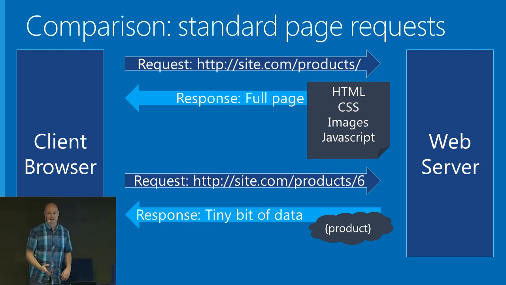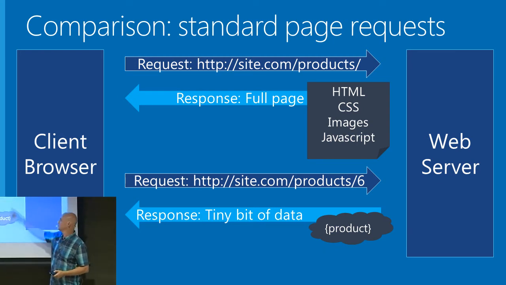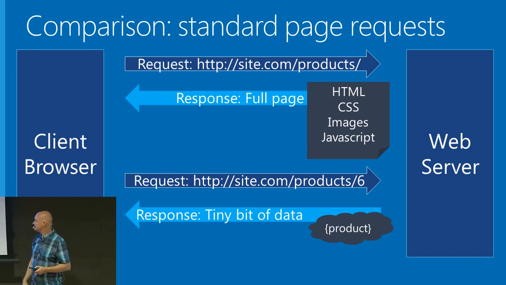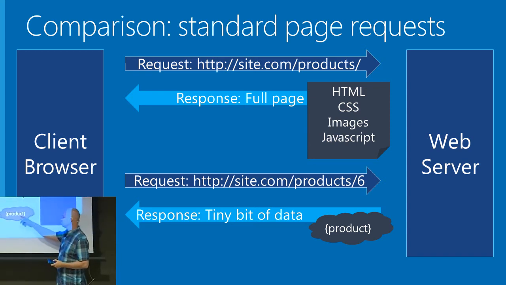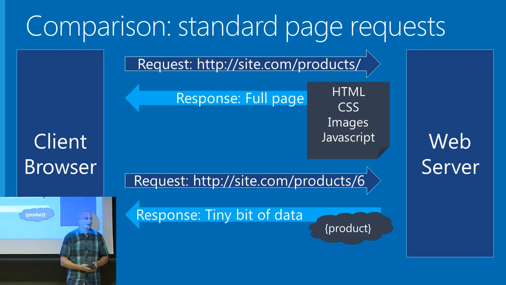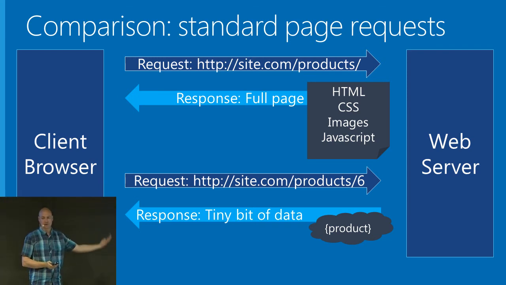The first request to a single-page application still needs to send HTML, CSS, JavaScript, usually more JavaScript for a single-page application. But the second time, I request a new product, and all it sends back is a tiny bit of data. It's just sending me back some JSON data, right? I make a JavaScript request, and it sends back just the data.